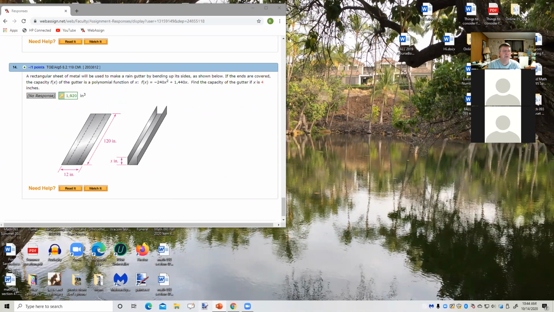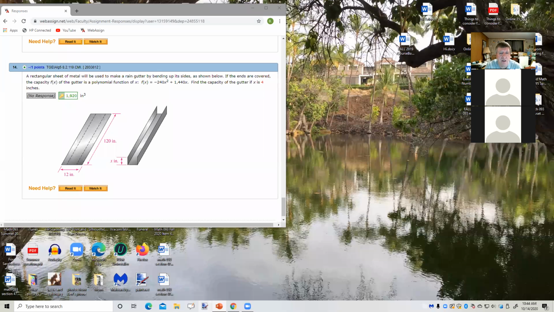A rectangular sheet of metal will be used to make a rain gutter by bending up its sides as shown below. If the ends are covered, the capacity f of x of the gutter is a polynomial function, and that one is given there.